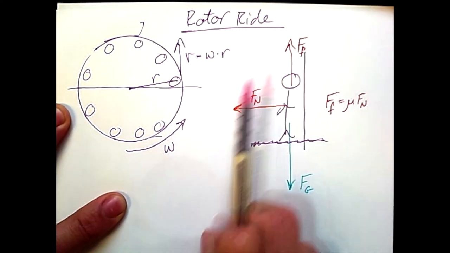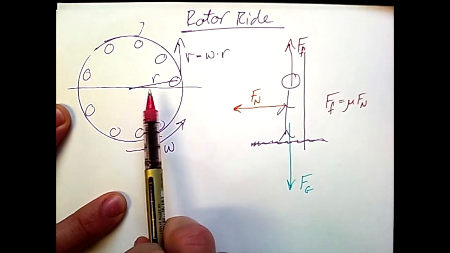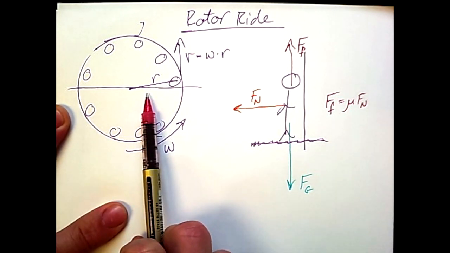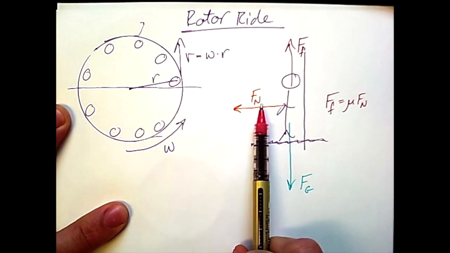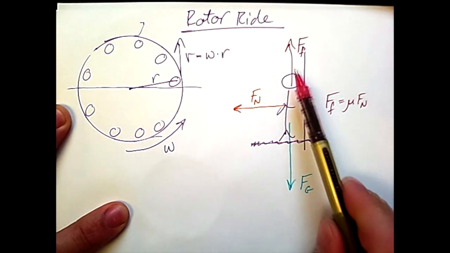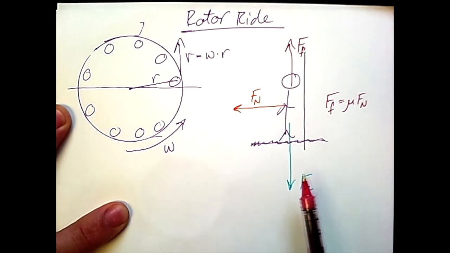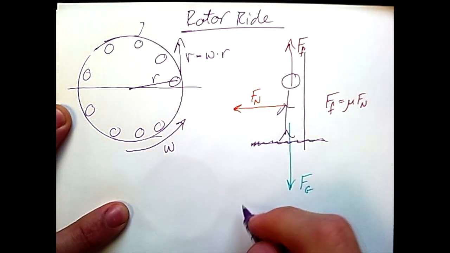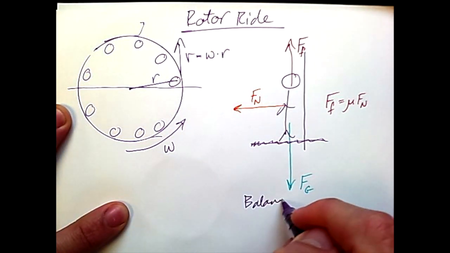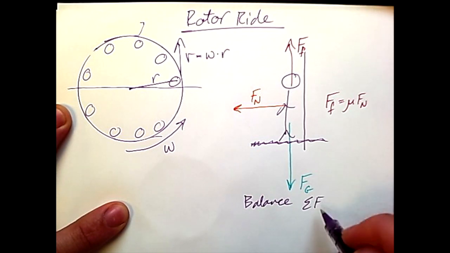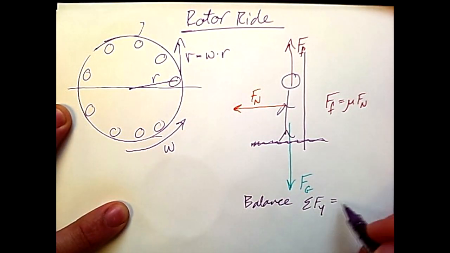But we have to analyze this diagram in conjunction with this diagram to really recognize what F of n is. Because obviously, in order for the acceleration in the vertical direction to be zero, F of f must balance F of g. And so a conclusion here is that in order for balance, the sum of the forces in the vertical direction must equal zero.